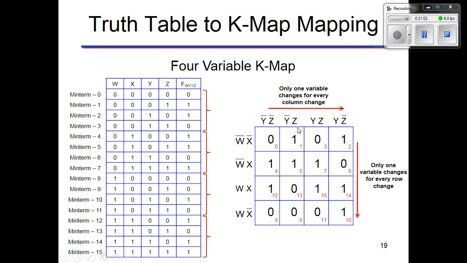So I have a group of 2 over here. I have a group of 2 over here. I have a group of 2 over here. I have a group of 2 over here. And then I have a group of 2 over here. Now, guys, there is a lot of overlap over here, and that's okay.